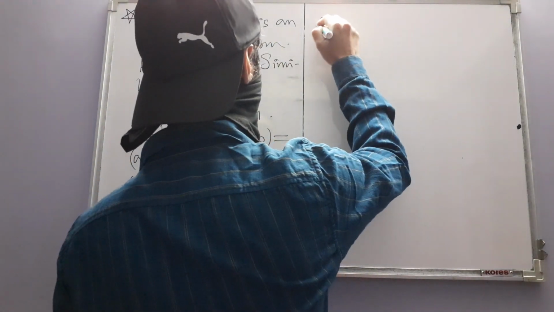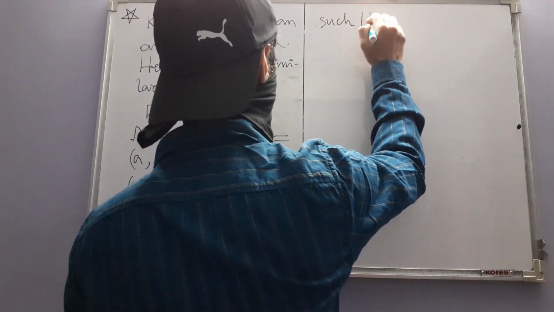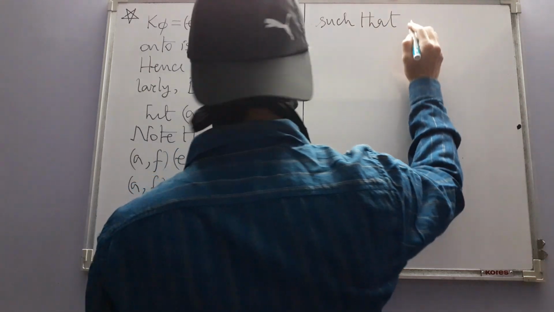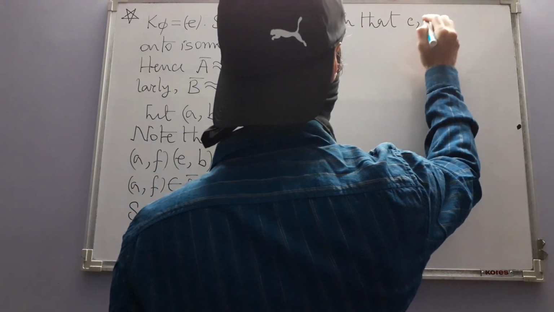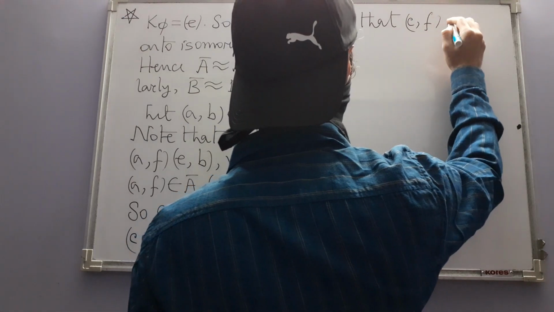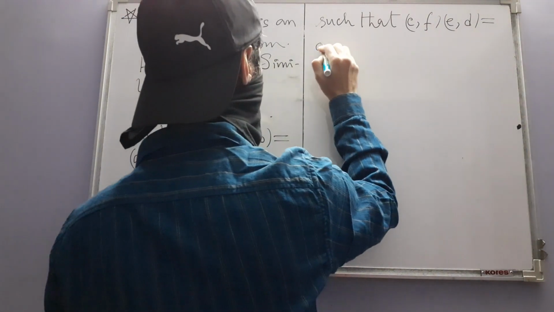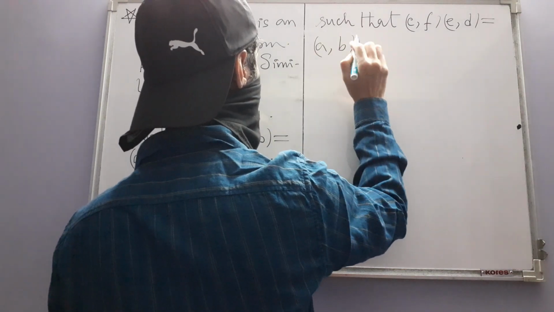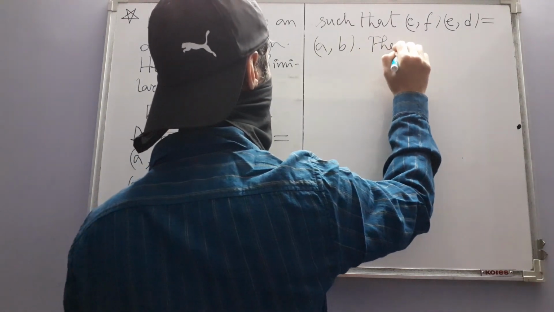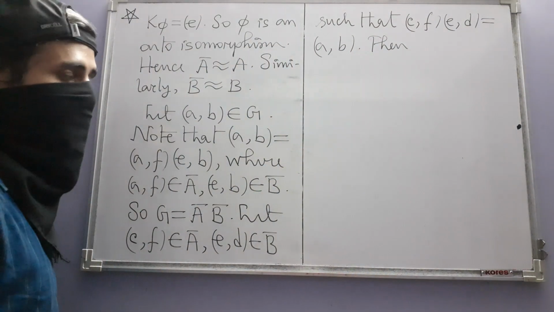such that CF times ED is equal to A comma B. Then CF times ED is what?